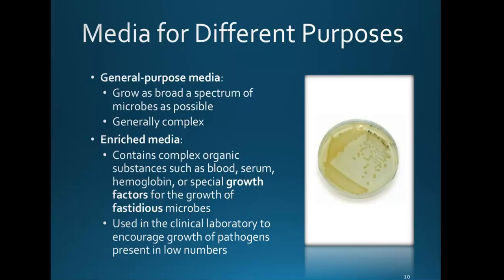So it could have blood, it could have different growth factors that are required for the growth of these microorganisms. So we're giving them exactly what they need, all right? As it says, it's used a lot of times to encourage growth of pathogens that are usually present in very low numbers, and so they're typically a little bit more difficult to grow, so we use an enriched media for them.